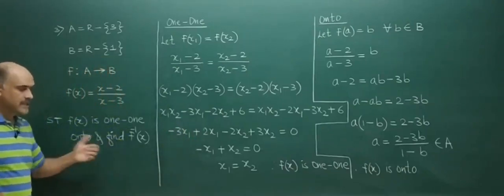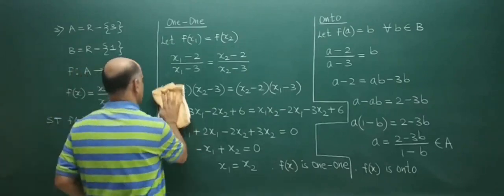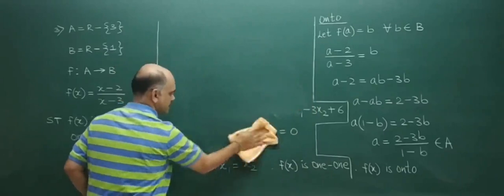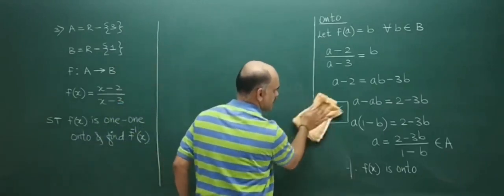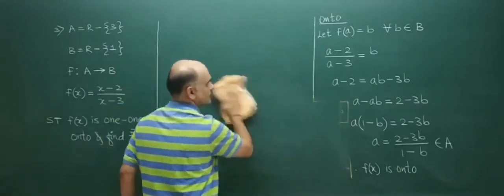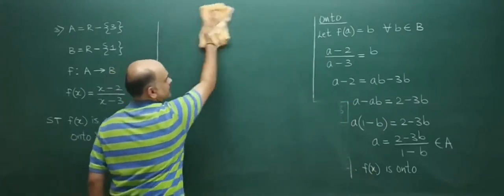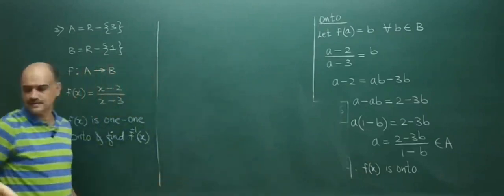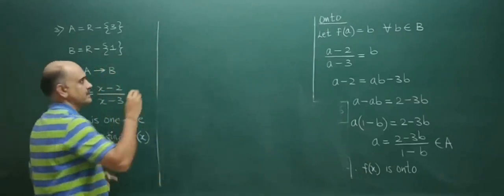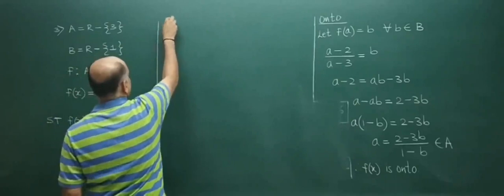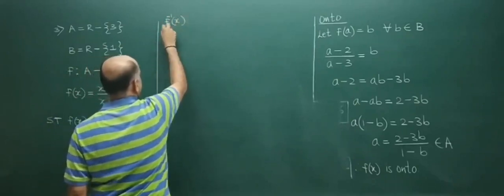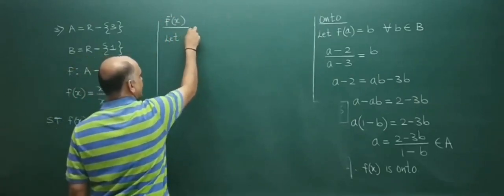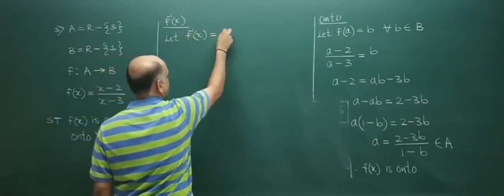Now he has asked us to find f inverse of x. We are required to find f inverse of x. So it is similar to onto. Same as how we have solved onto, the same steps you are required to follow for the inverse. Now let f inverse of x be equal to a.